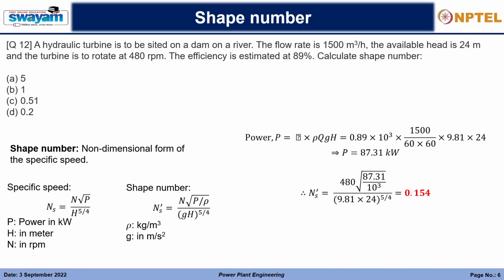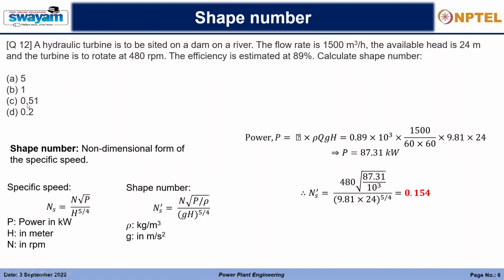First we have to calculate the power. Eta is estimated to be 89%, so 0.89 into the total power, and we get the power in kilowatts. When we multiply, we get 0.154.